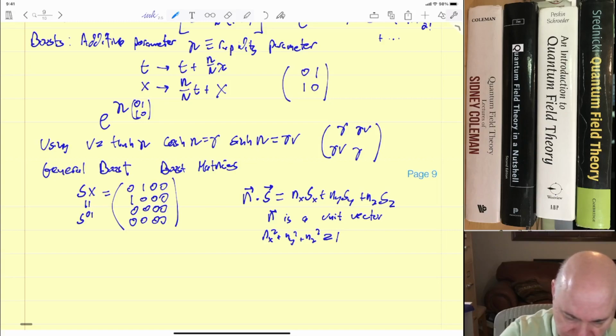And we're doing an infinitesimal boost in the n direction.